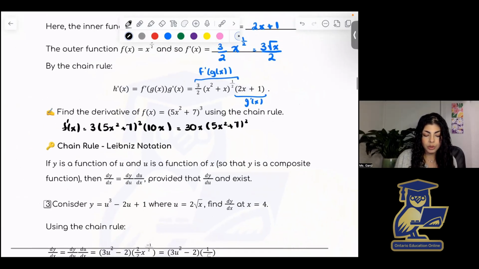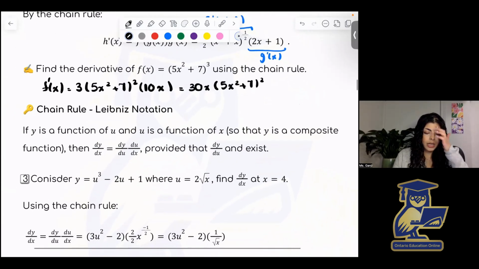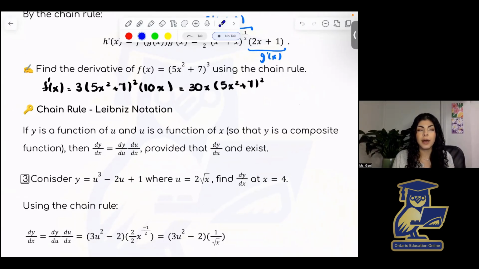Now, I'm also going to show you the chain rule with Leibniz notation because this is the one that's going to be different from all the ones you've seen so far because we're differentiating with respect to different variables. So consider y as a function of u.